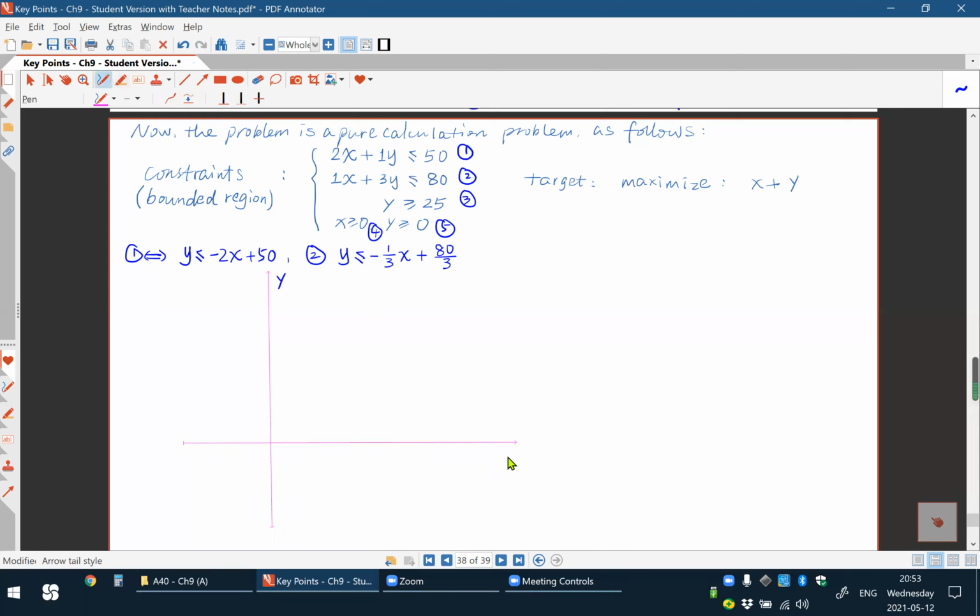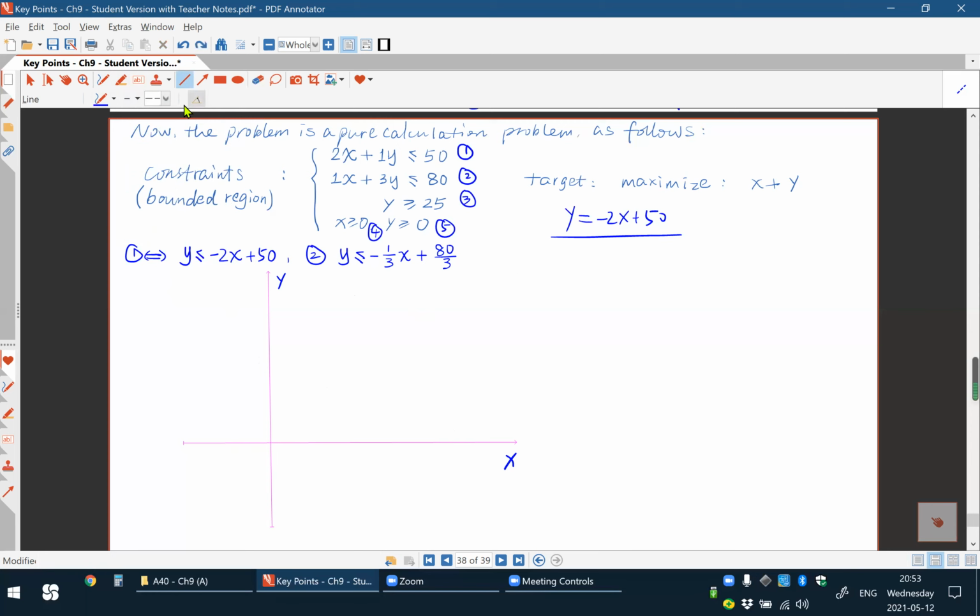Okay, this is our y and this is our x. First let's find the line y equals minus 2x plus 50. So where is this line? First of all, it has a negative slope, right? Negative slope means it has a direction like this.